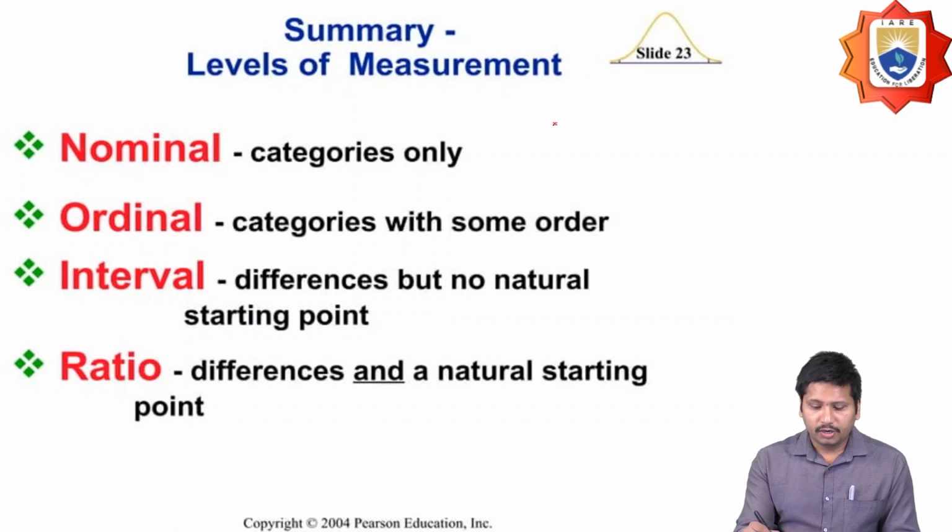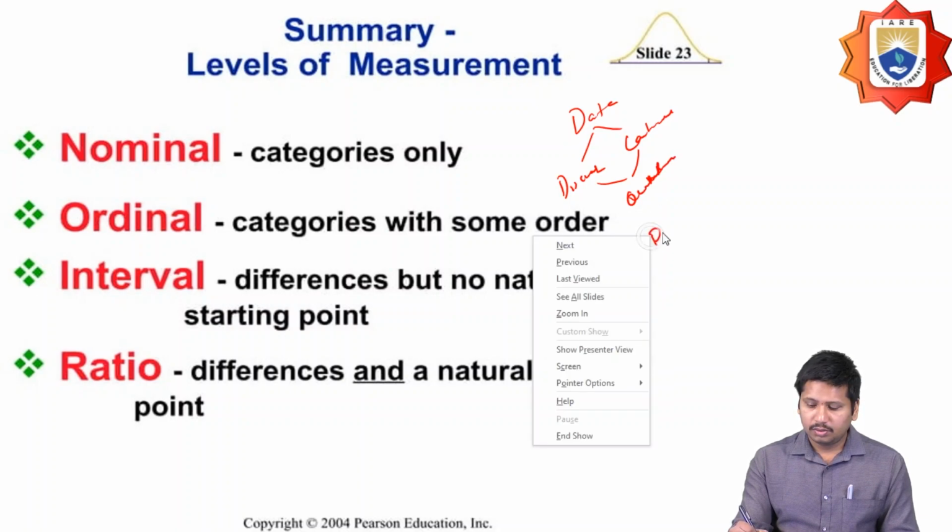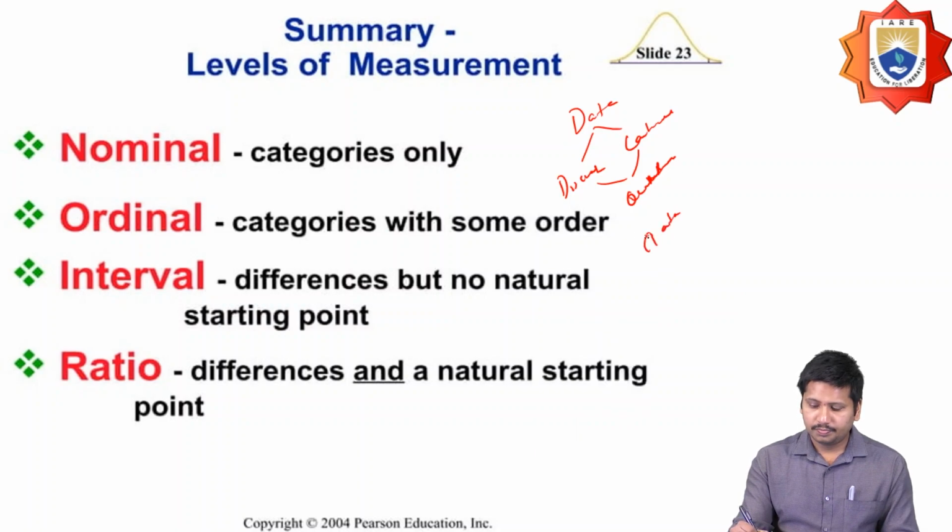So at the different levels, the data can be of different types like discrete and continuous. This comes under quantitative, and then qualitative means data that does not have any measurements.